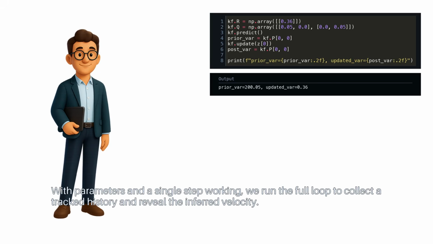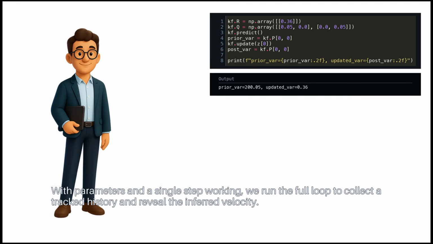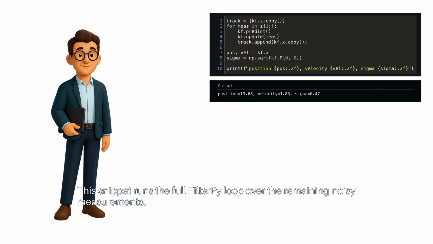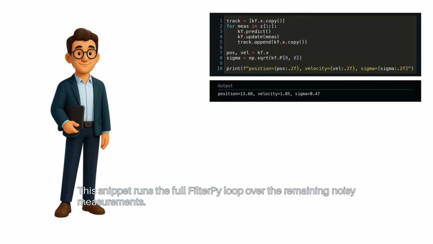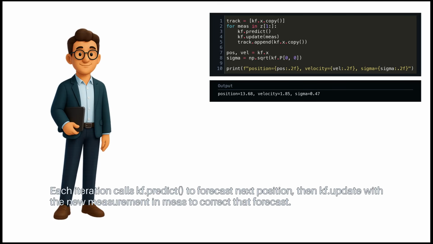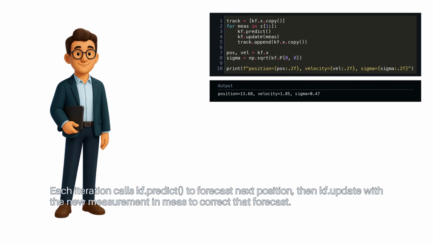With parameters and a single step working, we run the full loop to collect a tracked history and reveal the inferred velocity. This snippet runs the full FilterPy loop over the remaining noisy measurements. Each iteration calls kf.predict to forecast next position, then kf.update with the new measurement in Z to correct that forecast.